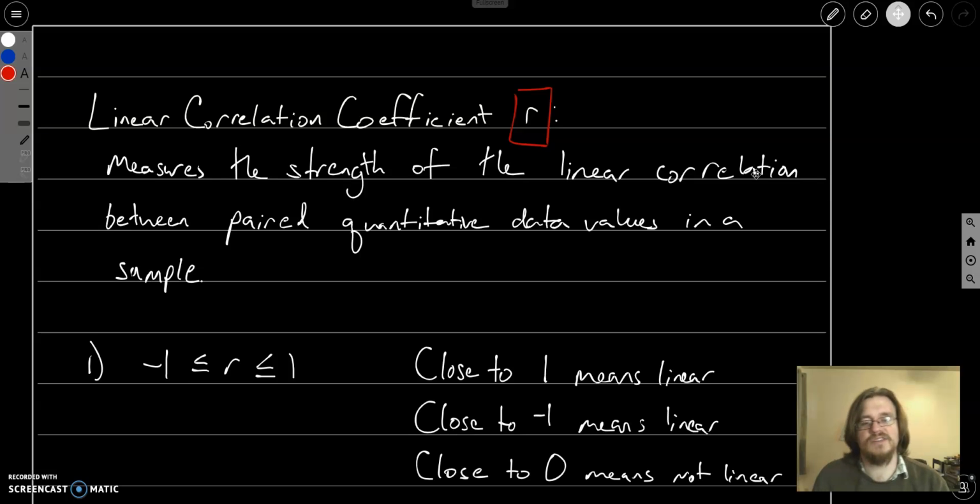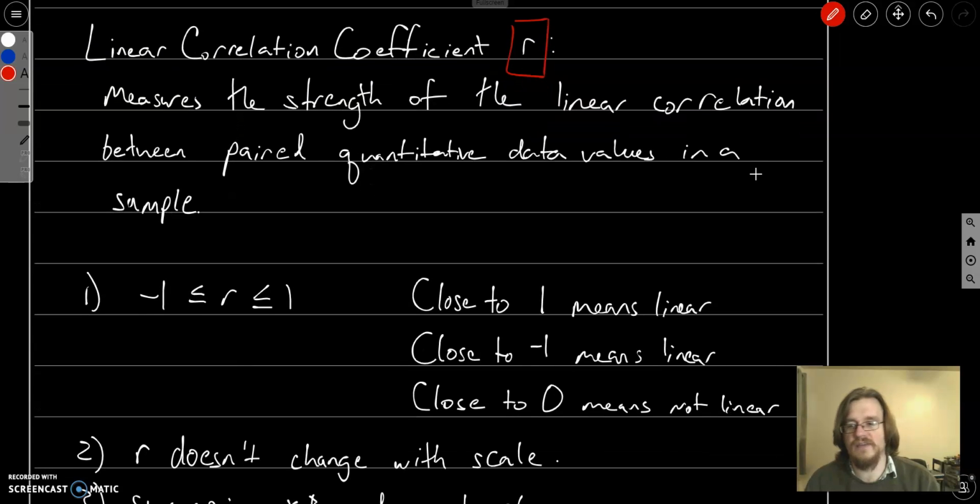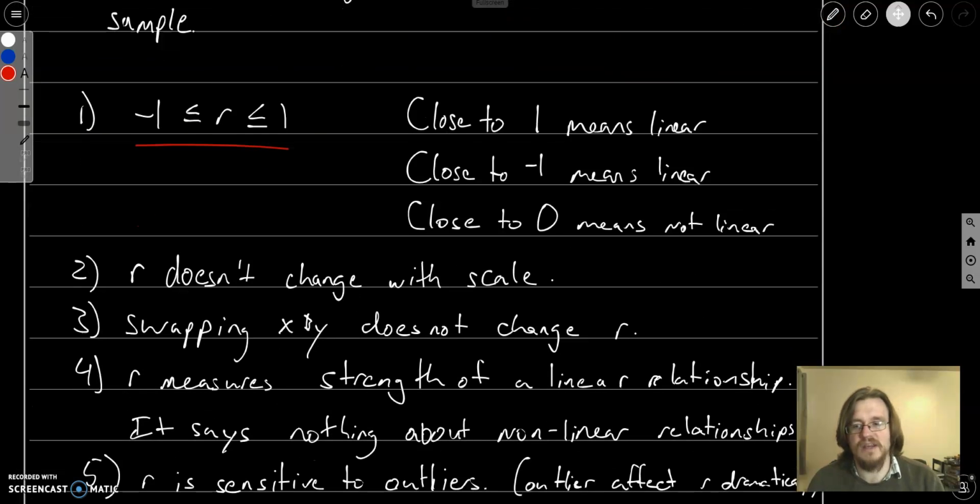r is going to describe how linear it is, and r will take values somewhere between -1 and 1. r could be exactly 1, r could be exactly -1, or any number in between. And these have different meanings.